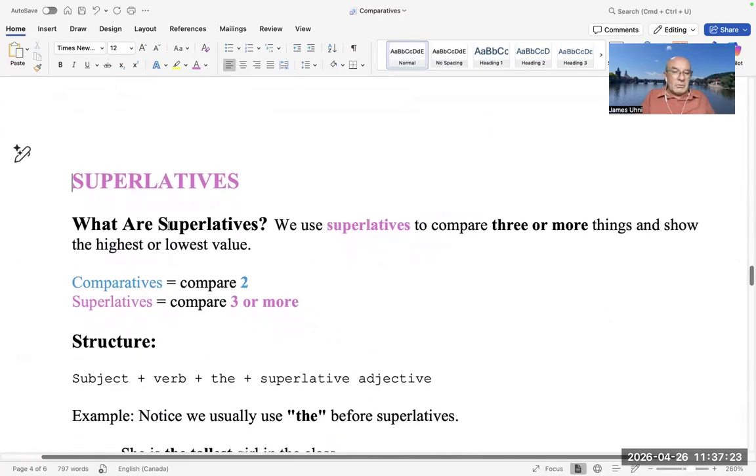What are superlatives? We use superlatives to compare three or more things and show the highest, okay, this is very important, the highest or lowest value.